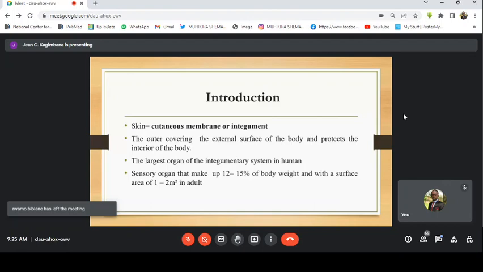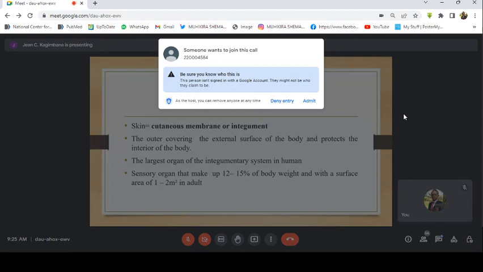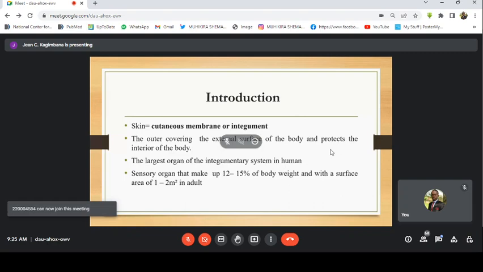When we say dermatology, those who learn dermatology learn these three, they concern these three portions of the body. Now, it's the largest organ of the human body, with 1 to 2 square meters in an adult.